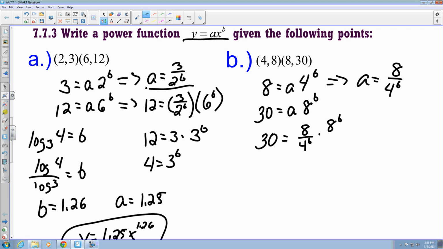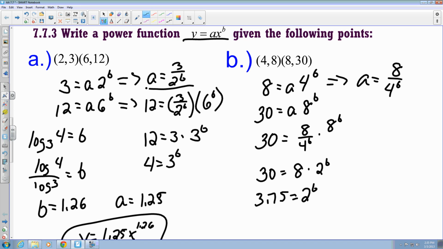I have the same exponents here, so I can actually divide those out. So this becomes 30 equals 8 times 2 to the b. I can divide both sides by 8, so that becomes 3.75 equals 2 to the b.